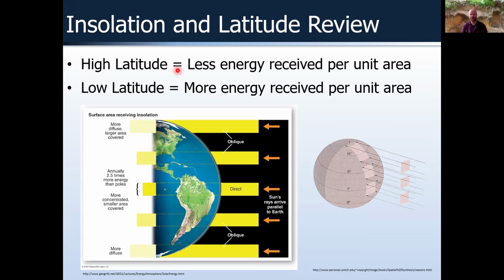High latitudes receive less energy per unit area, as depicted in this graphic here, whereas low latitudes near the equator, when the sun is out during the day and overhead, receive considerably more energy per unit area.